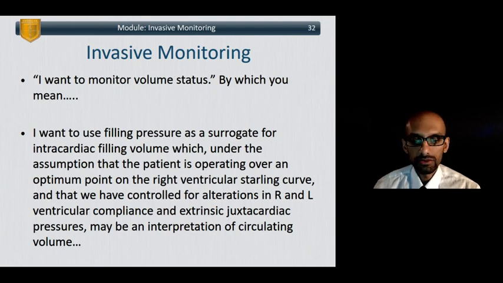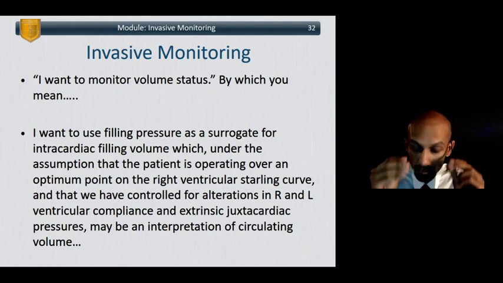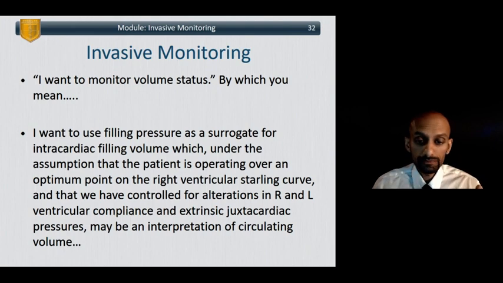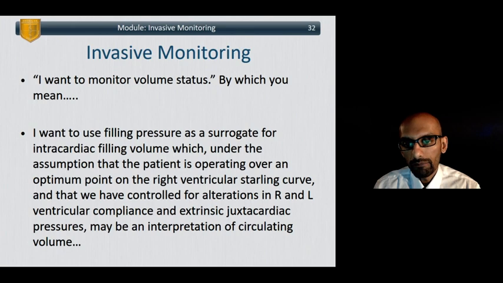So one of the ways to use central invasive monitoring is to map out their response in terms of systemic blood pressure related to your intervention, such as giving a fluid bolus or giving a diuretic, and seeing how the patient responds accordingly to those interventions. You can start to map out where they are on their Starling curve. Okay.